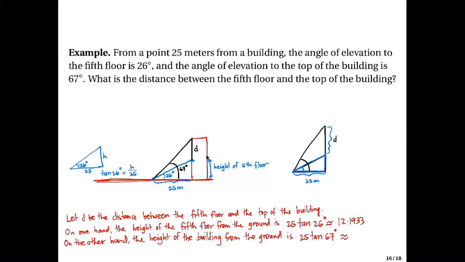This is the total height, so that's the opposite side, and you still have 25 as the adjacent side. So this is 25 times tangent 67 degrees, which is roughly 58.8963.